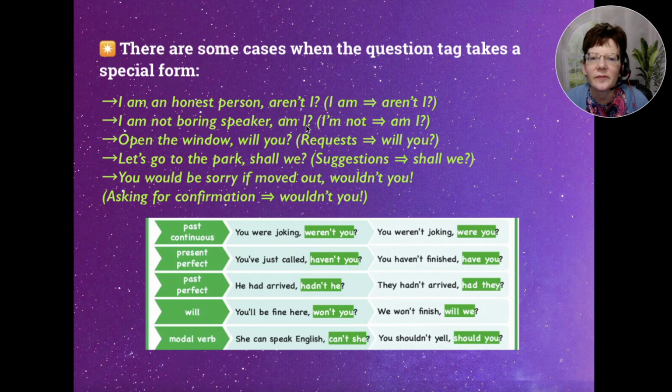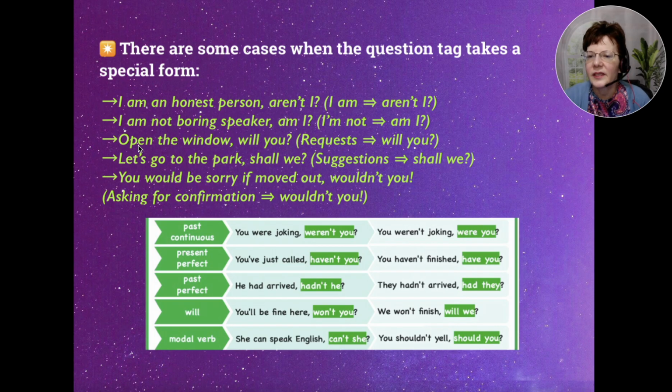Am I? Or else you can say, I'm not, am I? So you can see that we're saying we're not something, right? In the first person, we use am rather than are.